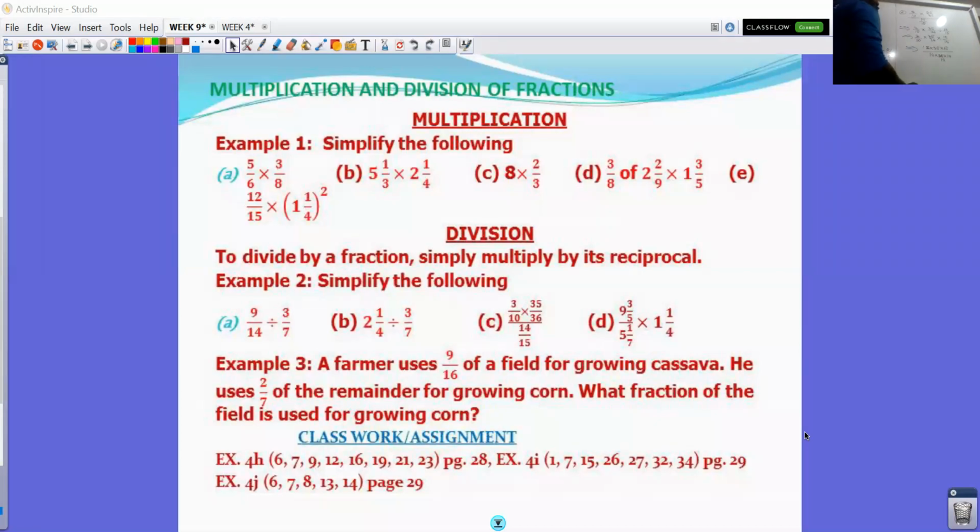I can divide through by 3 again. 3 in 15, that will give me 5. 3 in 12, that is 4. Again, I can divide by 5, right? 5 in 5, 1. 5 in 10, that is 2.